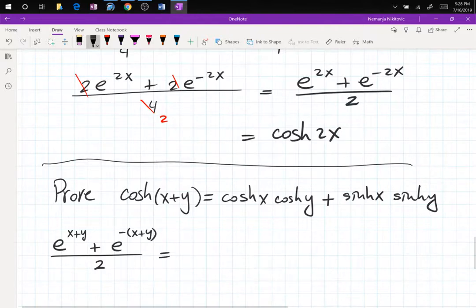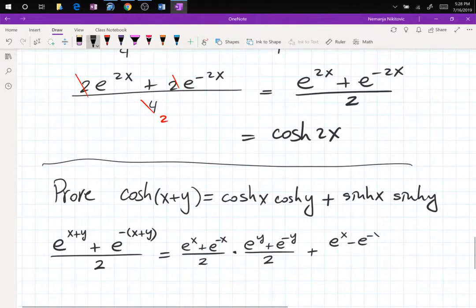So the first one is e to the x plus e to the negative x over 2 times e to the y plus e to the negative y over 2. Plus, and now we have signs, those have negatives in between e's. So e to the x minus e to the negative x over 2, and e to the y minus e to the negative y divided by 2.